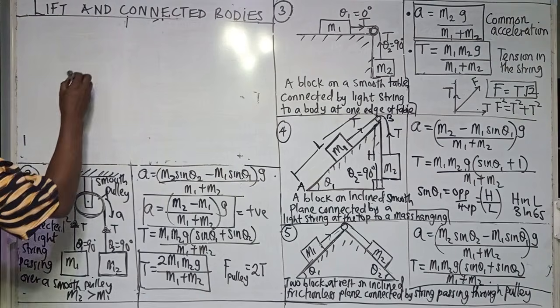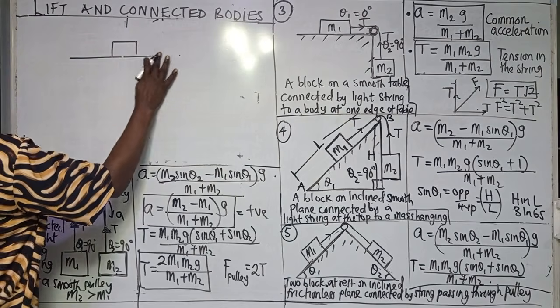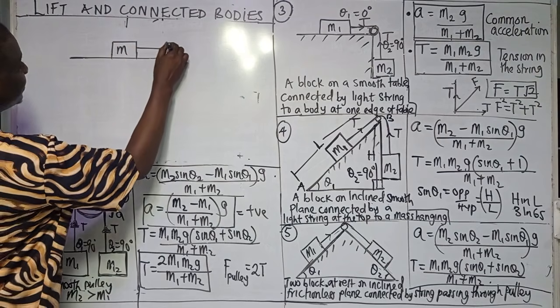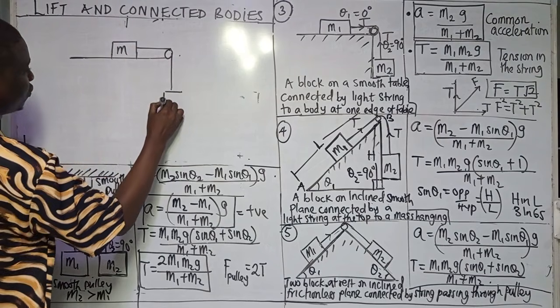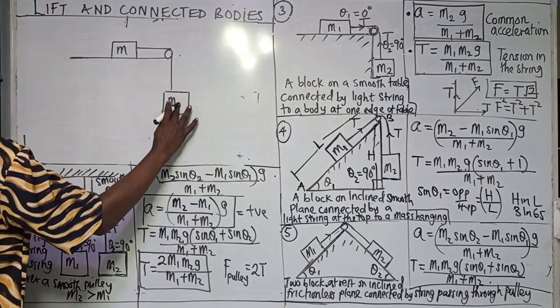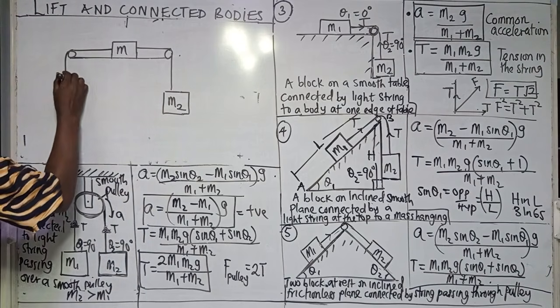Now, in this case, we have M landing and connected to two masses. M2, and this one is connected to M1.